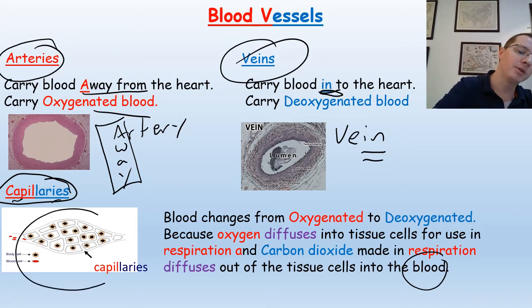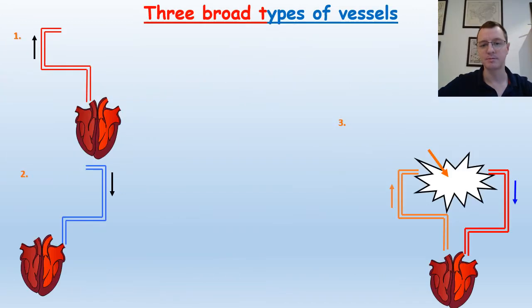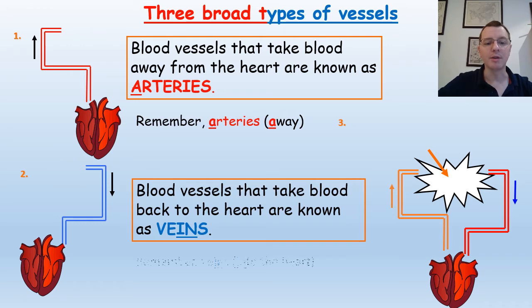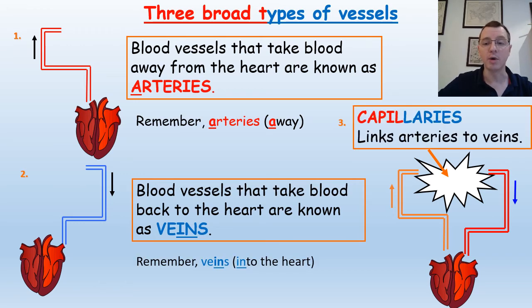So the capillaries are the site where we have lots and lots of diffusion going on. So again, here is a nice way of remembering: veins going into the heart, arteries away, and the capillaries link arteries to veins, and the blood changes from oxygenated to deoxygenated.